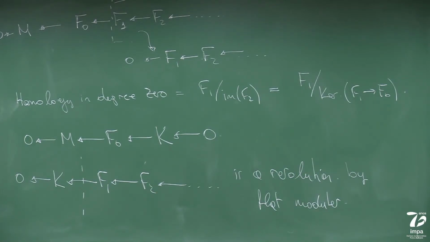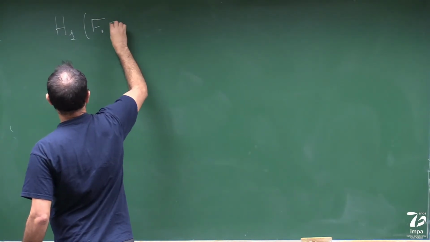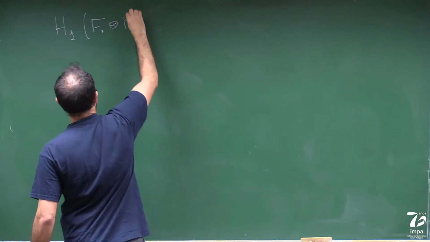Okay, so I need to compute the homology in degree 1 of my original complex. So I need to compute H1 of this guy. So what is H1 of this complex F dot tensor with N?